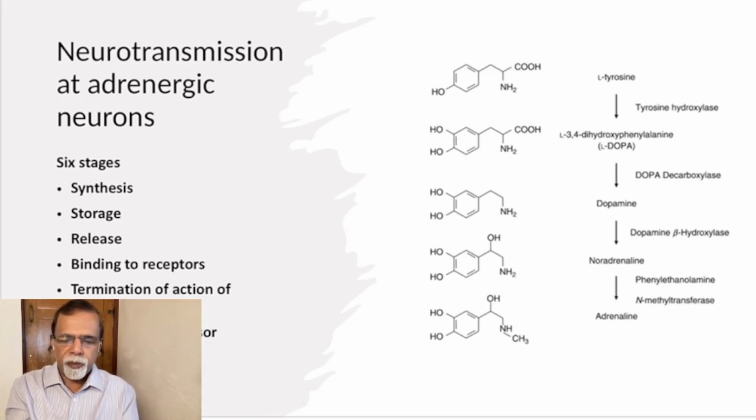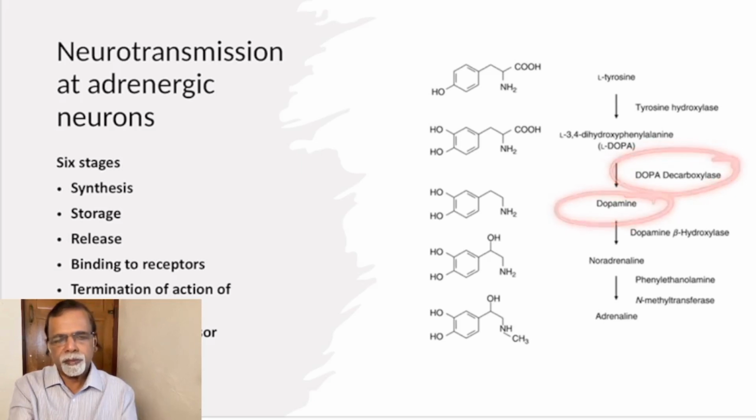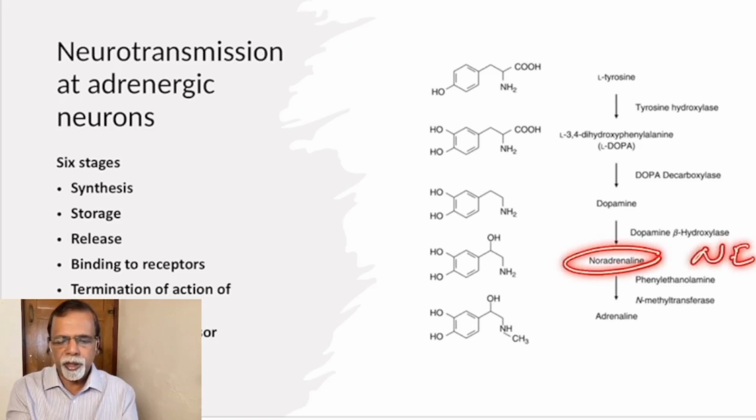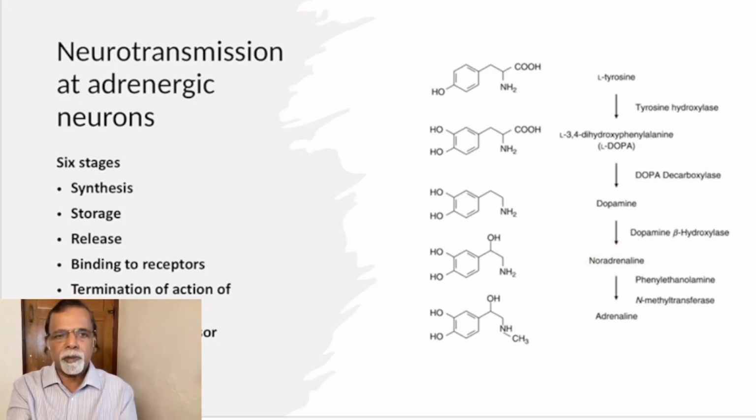This dopa is acted upon by dopa decarboxylase, which produces dopamine. Dopamine is again acted upon by dopamine beta hydroxylase, which forms noradrenaline.